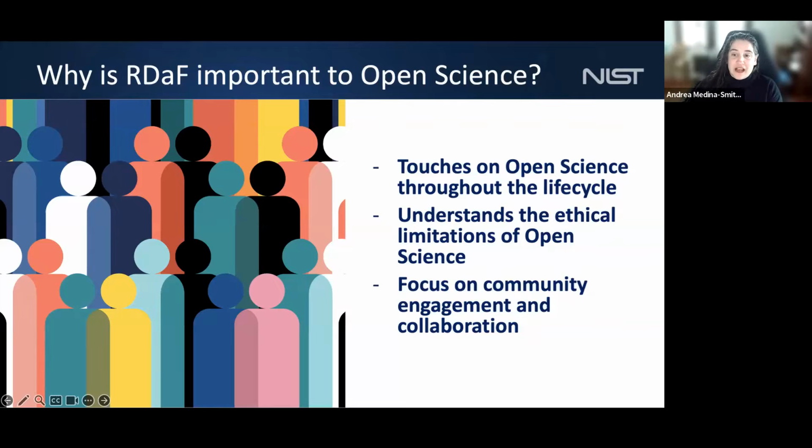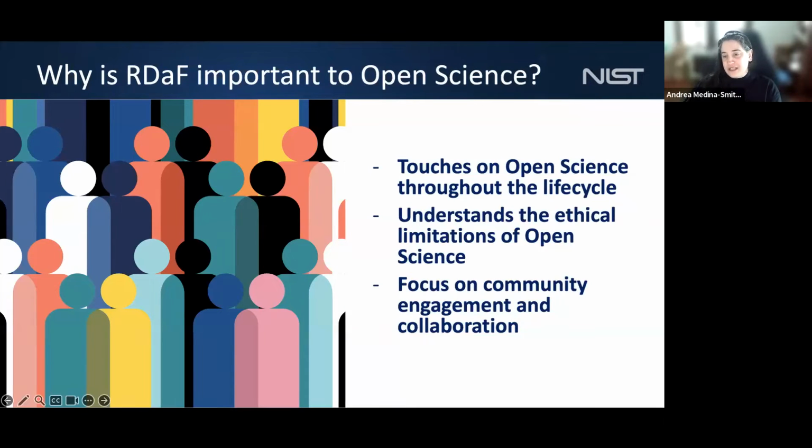Through the lens of RDaF, one can see how an organization handles each of those phases in the research data lifecycle. We embrace the as open as possible, as closed as necessary ethos. We can understand that there are ethical limitations of open science, and you can see that through the ethics overarching theme.